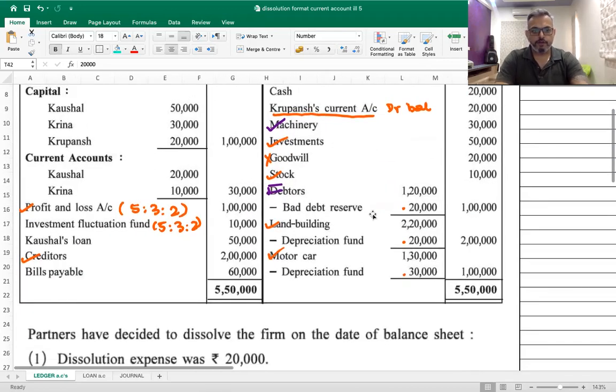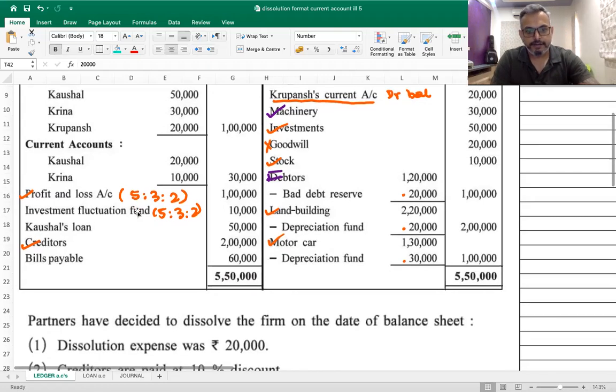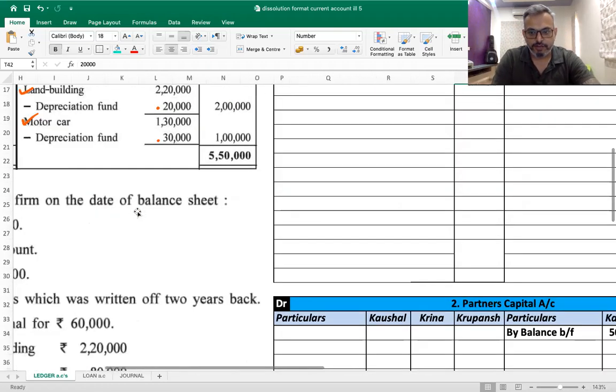Now profit and loss account, I'll also tell you the entries. Okay, if you're not confident, you may scribble it right now and then later on do it. Or if you're confident, then fine, it will be a revision for you. Profit and loss account 1 lakh, this is on our liability side, so it has a credit balance. So profit and loss account will be debited and partners' capital account will be credited. 1 lakh in 5:3:2.